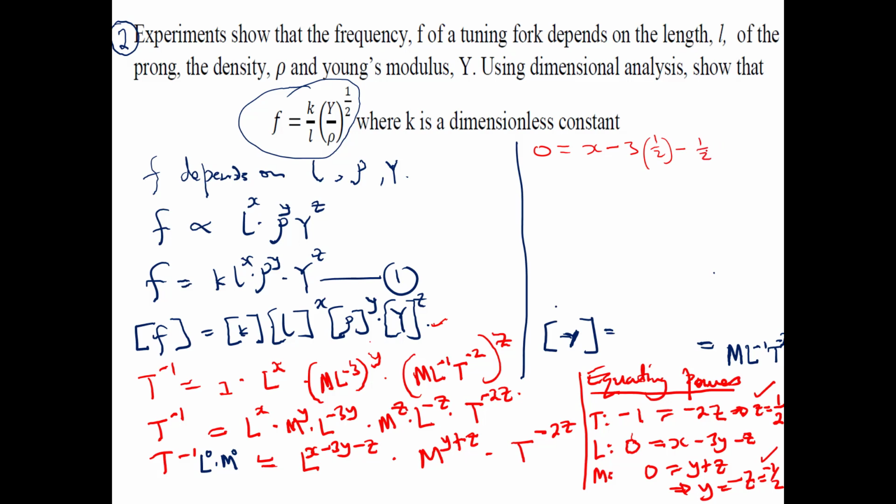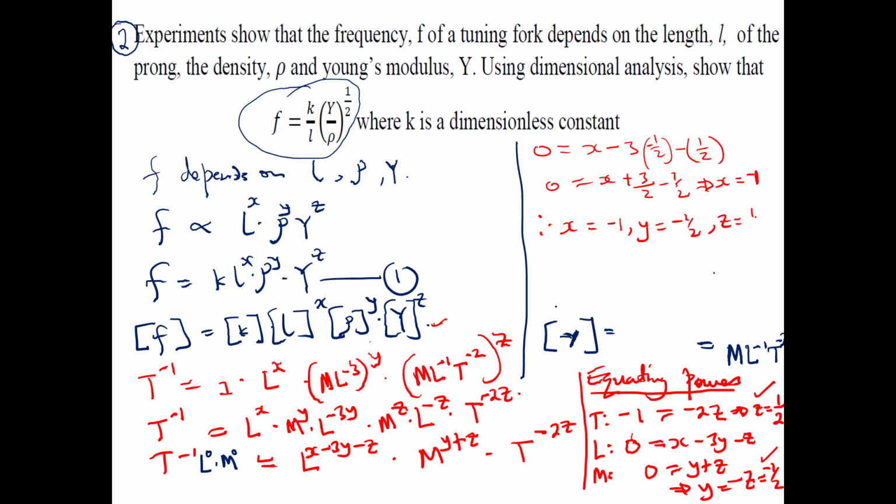So this is the same as 0 is equal to x minus 3, this is plus 3 out of 2, then minus a half. And this will give me my x being equal to 1 minus 1. Check that one out. So therefore, x is equal to minus 1, y is equal to minus a half, and z is equal to positive a half.